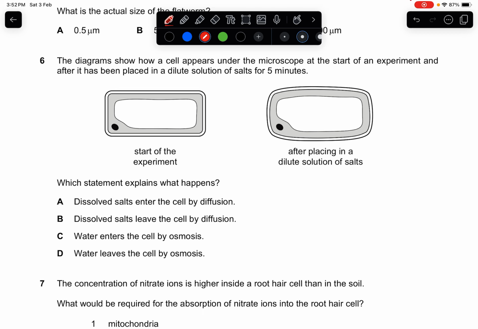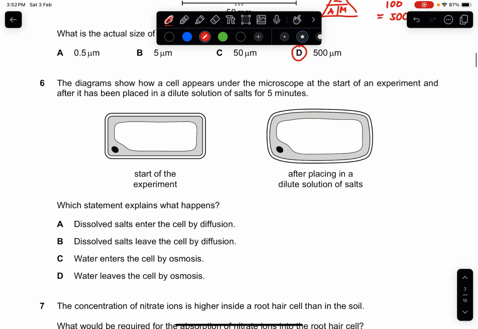Question 6. The diagram shows how a cell appears under the microscope at the start of an experiment and after it has been placed in a dilute solution of salts for 5 minutes. So which statement explains what happened? Okay. You can see the start of the experiment is this kind of shape.